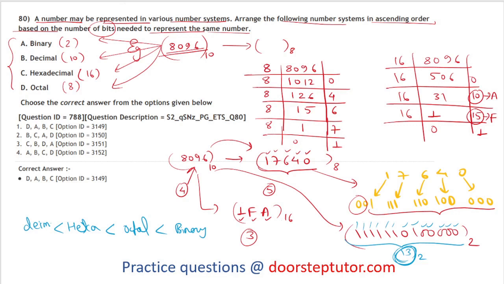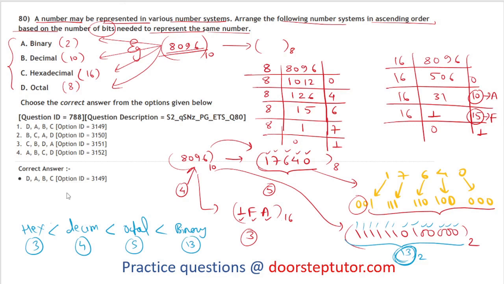Sorry, this is going to be first hexadecimal and then decimal, because in hexadecimal we need 3 bits, in decimal we need 4 bits, in octal we need 5 bits, and in binary we needed 13 bits.